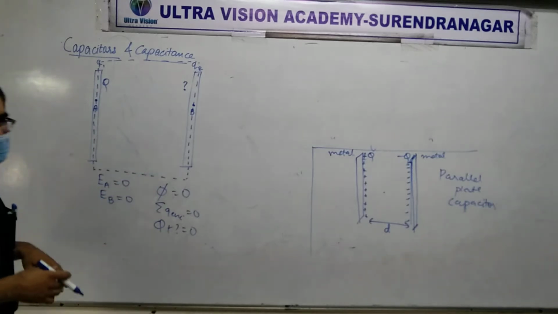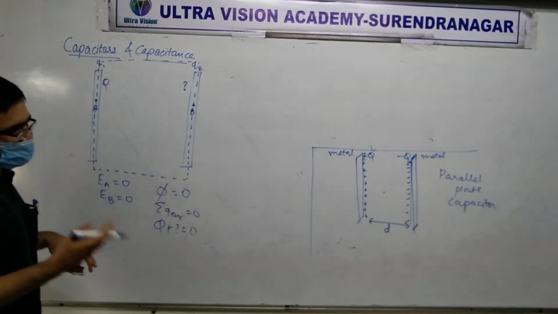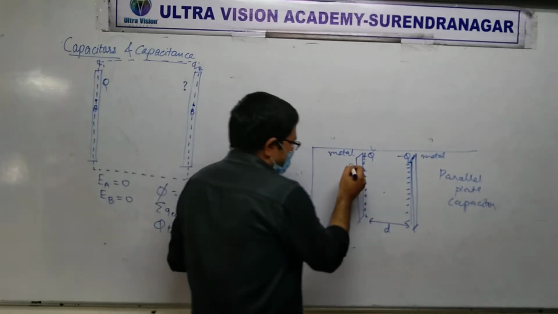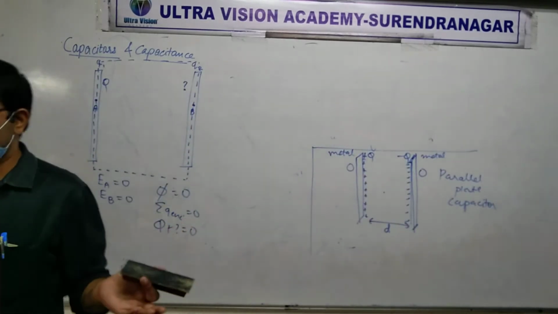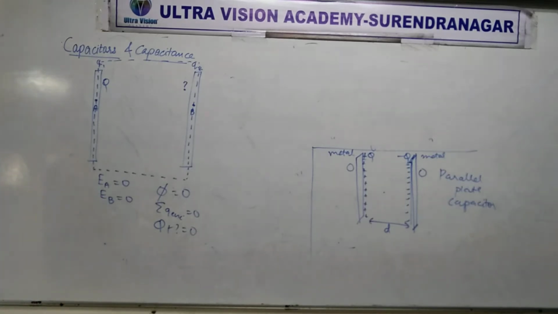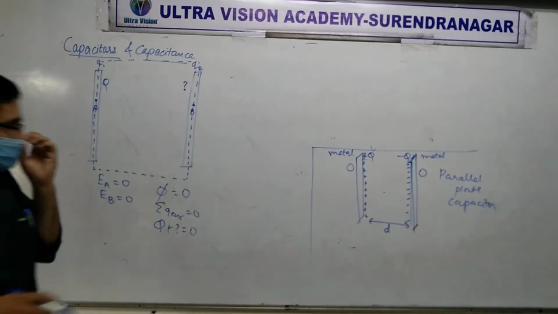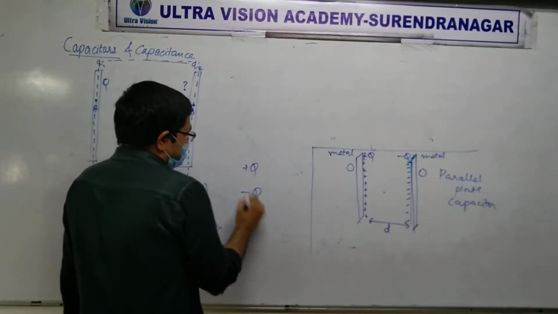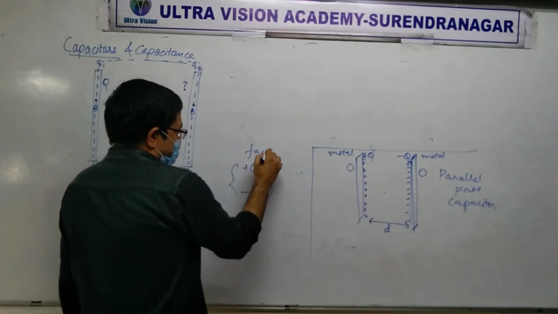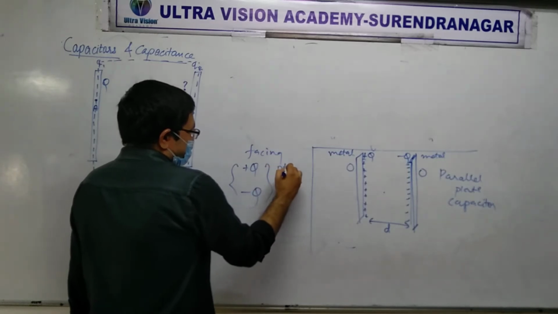So usually there will be no charge on the outer side. Usually, not always, though there are exceptions. But what I have written here, plus Q and minus Q for facing each other, is a rule.